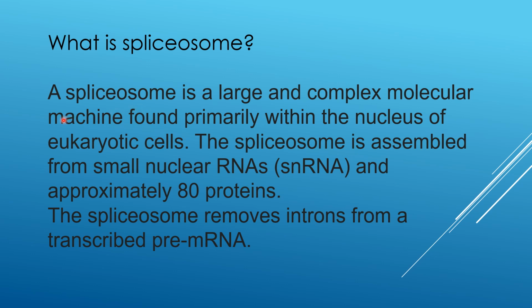A spliceosome is a large and complex molecular machine found primarily within the nucleus of eukaryotic cells. The spliceosome is assembled from small nuclear RNAs and approximately 80 proteins. Spliceosome removes introns from a transcribed pre-mRNA.